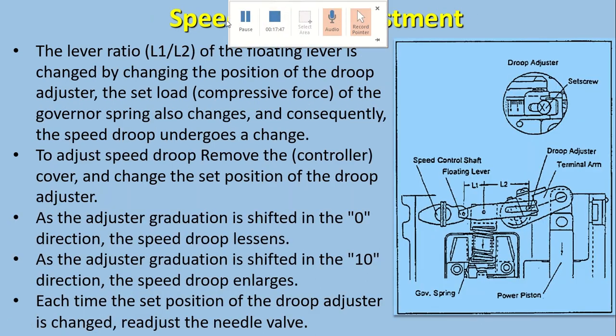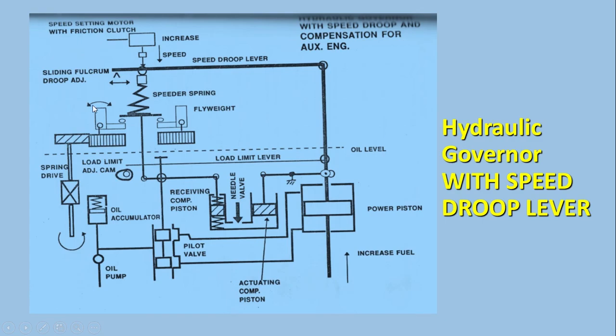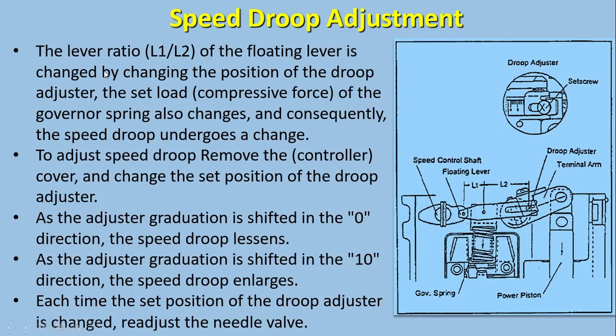Another one we can see is the speed droop adjustment. From this governor diagram we can see there is a sliding fulcrum droop adjustment. By adjusting the position of this fulcrum, we can adjust the droop of the engine or the governor.